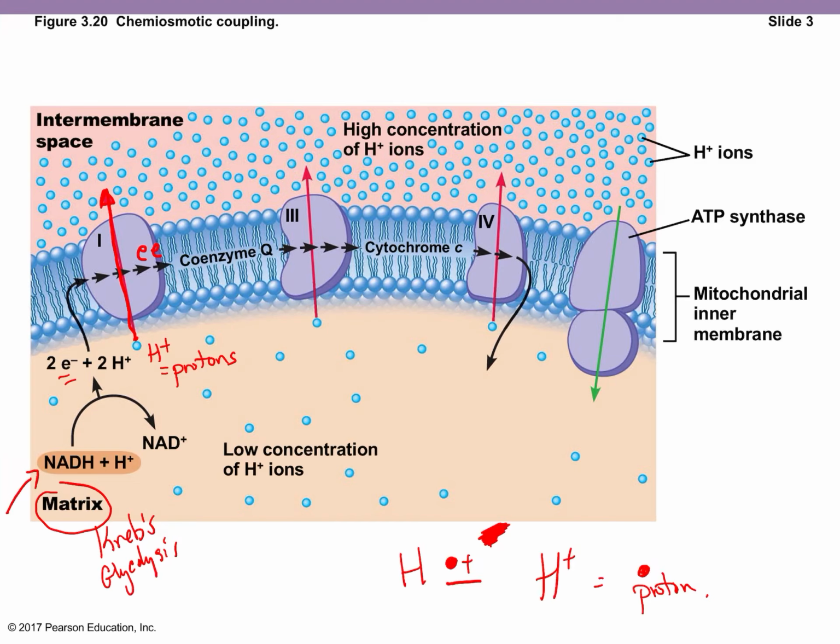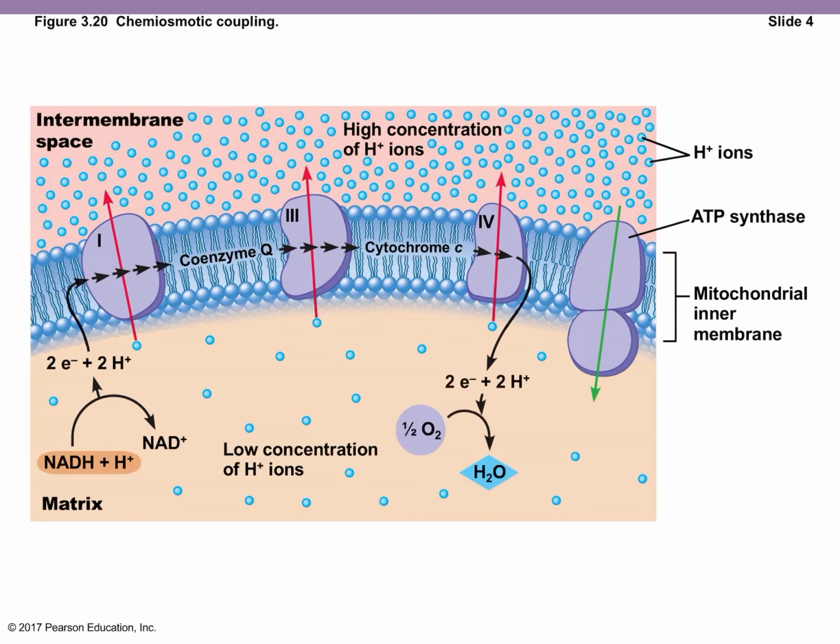Those electrons will get shuttled across with coenzyme Q to complex 3, where another proton is shuttled into the intermembrane space. Cytochrome C will then shuttle those electrons to complex 4. Same thing happens with complex 4. When it gains the electrons, it will shoot a proton into the intermembrane space.